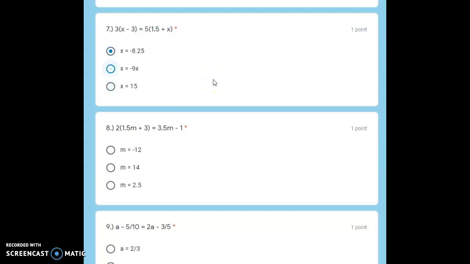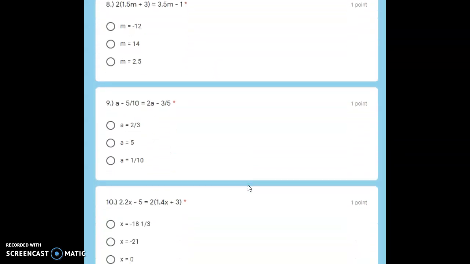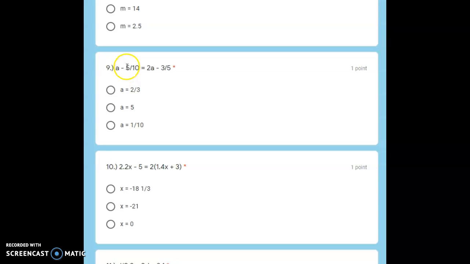And then the other thing I want to show you is anytime, like on number 9, where it has a 5/10, that is actually a fraction. So in the Google form, it was difficult to write out the fraction the way that it looks if we were looking at a textbook. But 5/10 stands for 5/10.